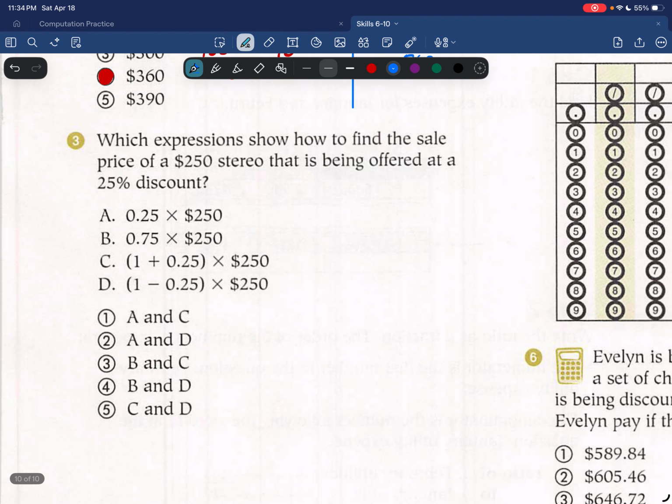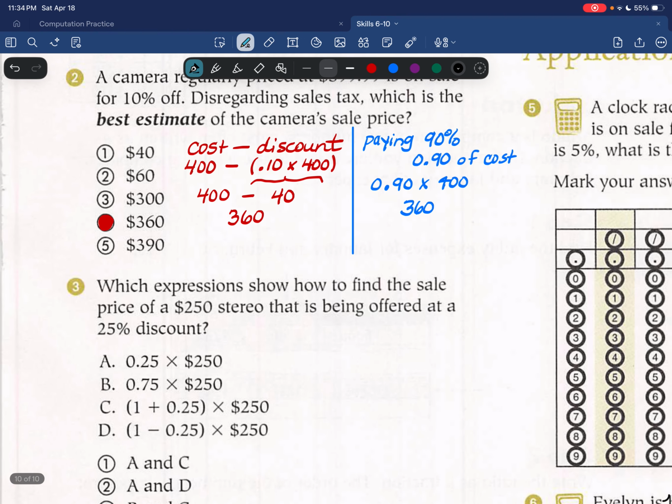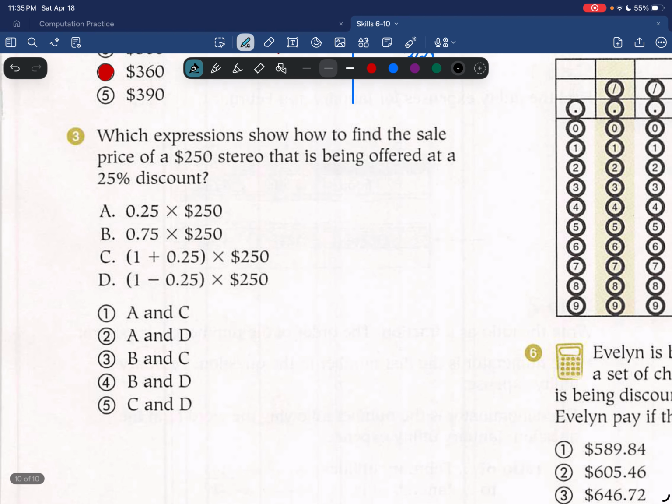Number 3, which expressions, plural, show how to find the sale price of a $250 stereo that is being offered at a 25% discount. Tax is not mentioned here. Okay, one way to do it, and it's similar to what we just did right here. You can do it as cost minus discount.